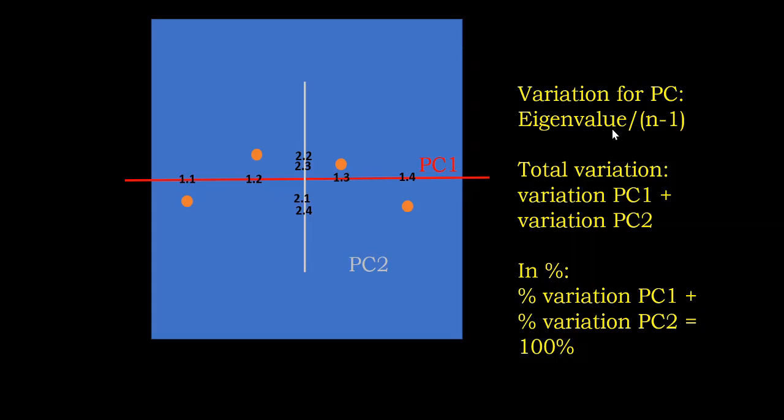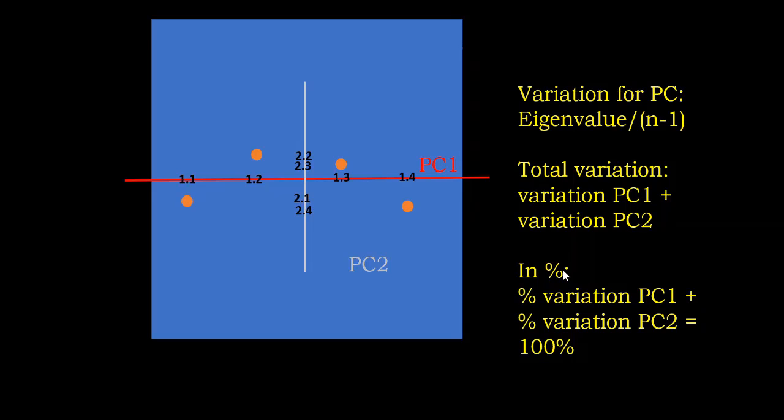And in order to calculate the variation, we divide the eigenvalue by n minus 1. So now we've got 2 variations: the variation of principal component 1, the variation of principal component 2, and if we add those 2 values, we get the total variation.